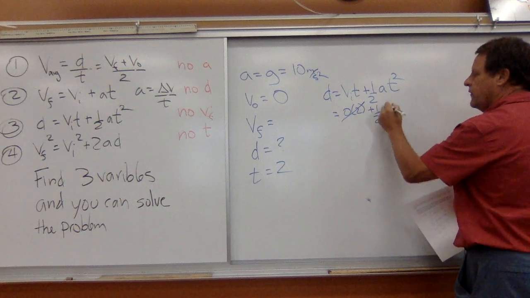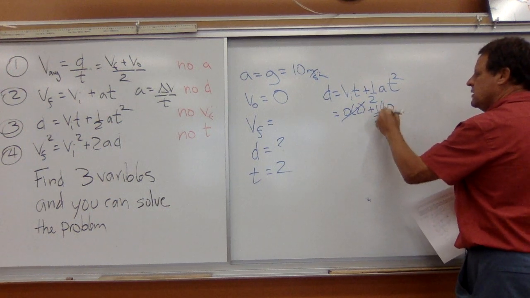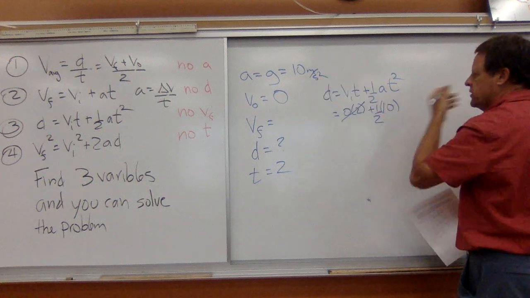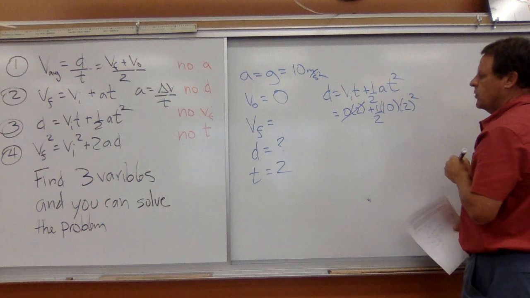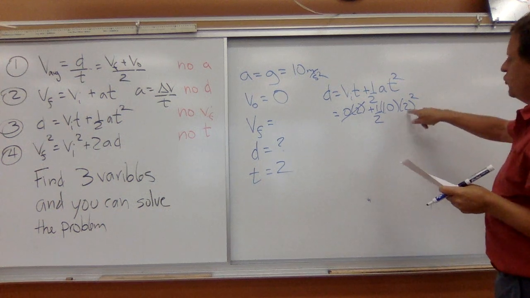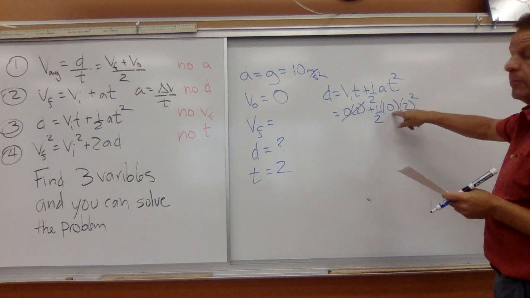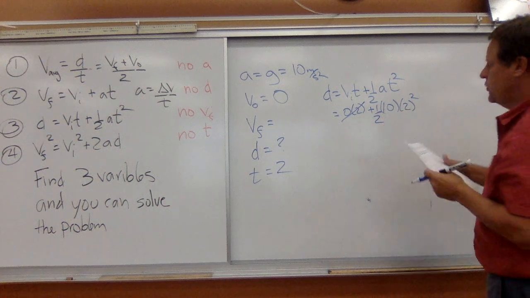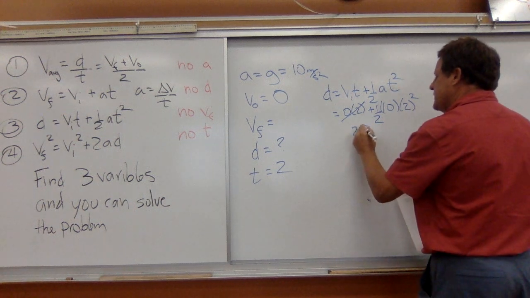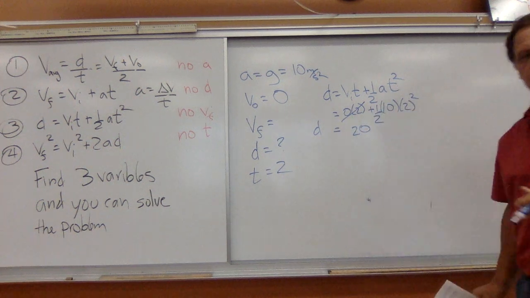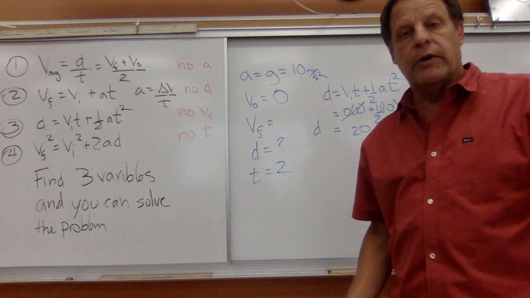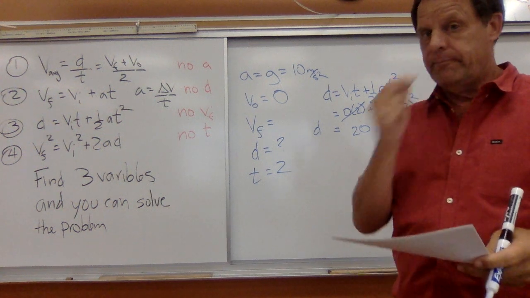Plus 1/2 of 10, that is our acceleration, and we have 2 seconds, and that gets squared. So 2 squared is 4, times 10 is 40, divided by 2 is equal to 20. So our displacement is equal to 20, which means the length of our rope has to be 20.